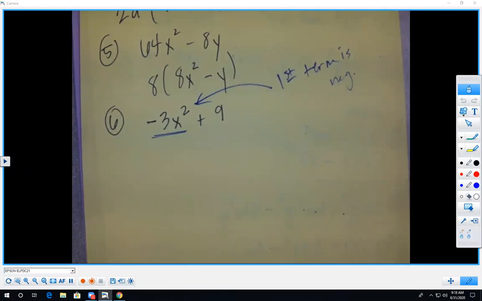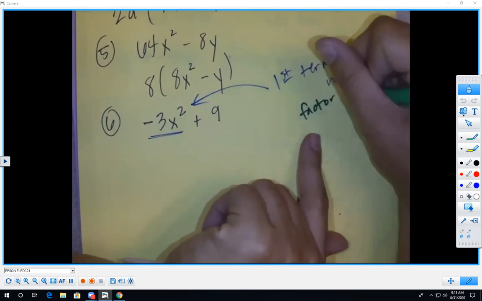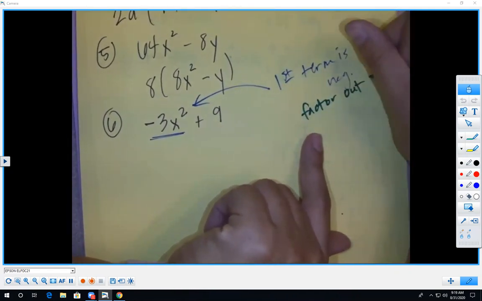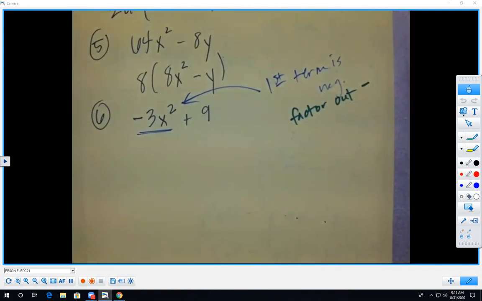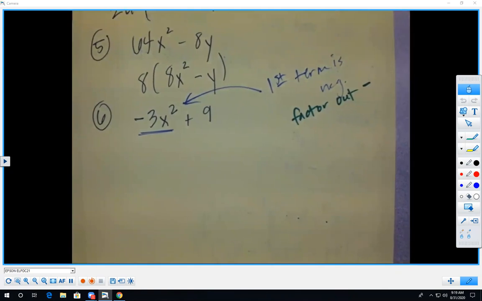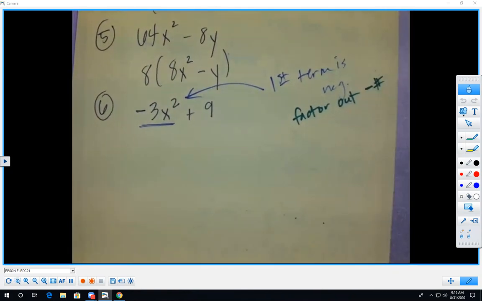You'll see that towards the end of the class today. So what we have to do is factor out a negative. It could just be -1, that's the only thing you're factoring out. Or it could be a negative, whatever your GCF is. So if your GCF is 5, you're factoring out a -5. If there's no GCF, you're just taking out -1.